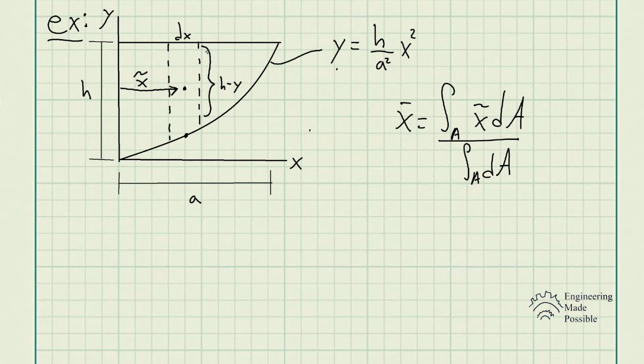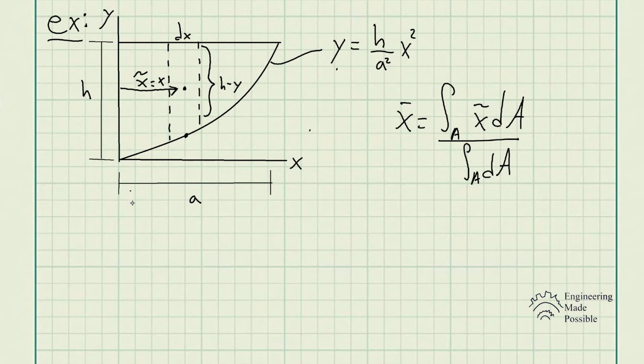So we have the height of this rectangle, which is h take away y, and we have the width of this being dx. Now this x is the centroid of the arbitrarily small area that we just chose, some small element of that area.